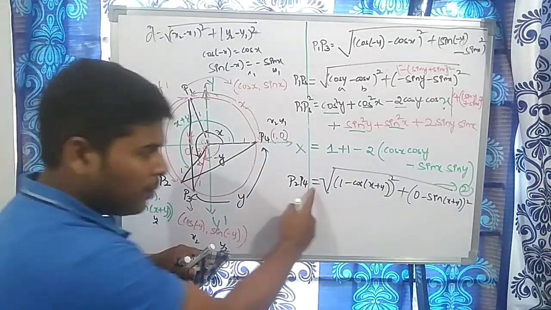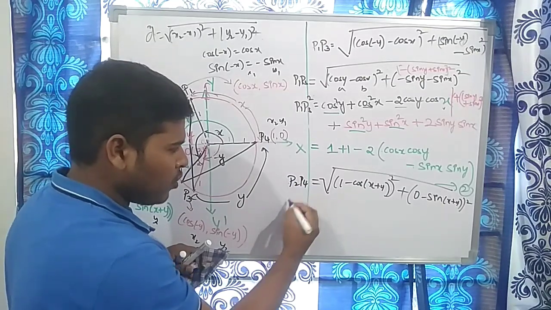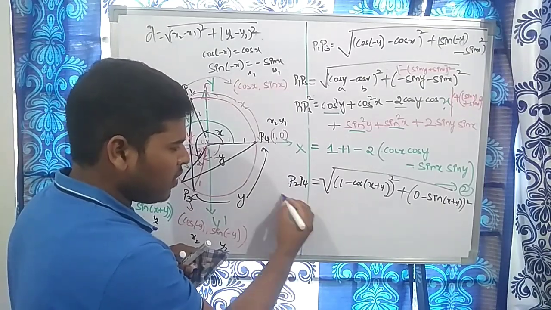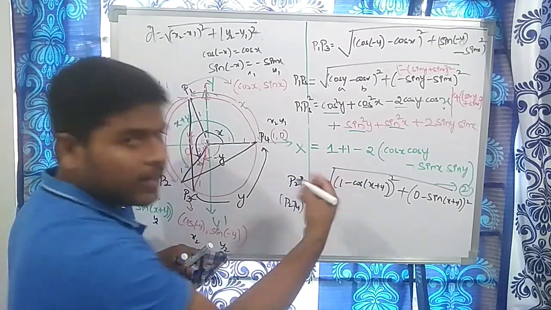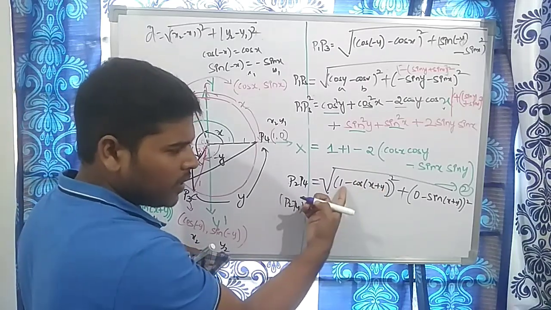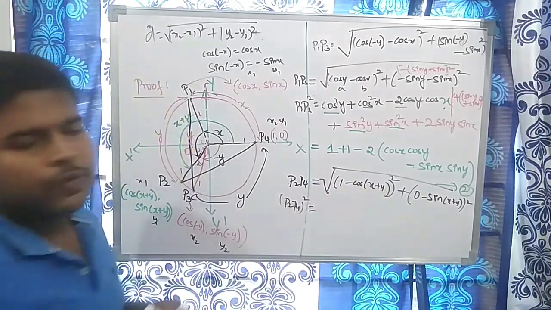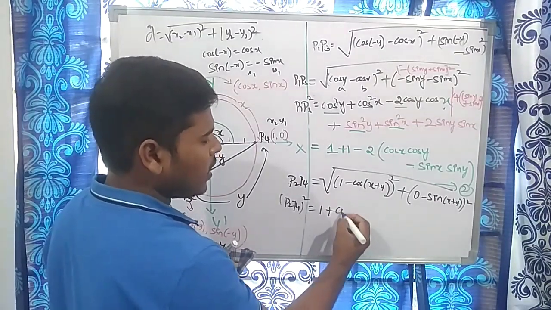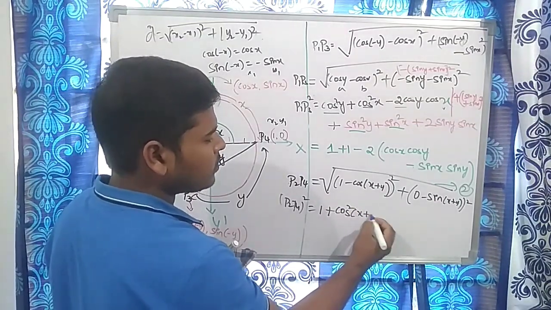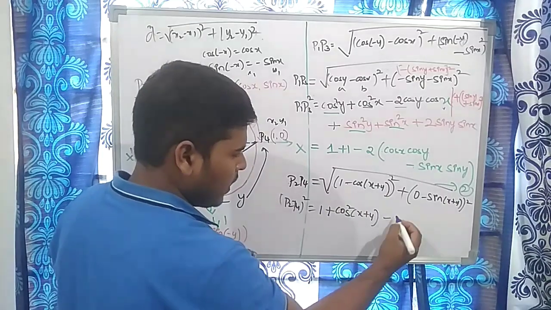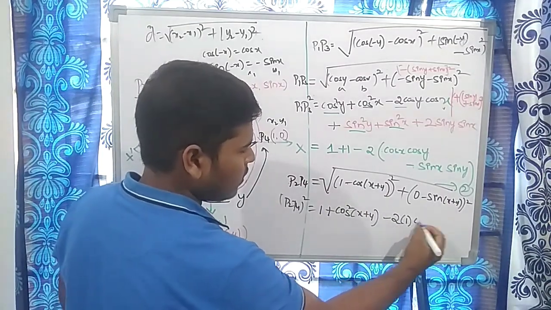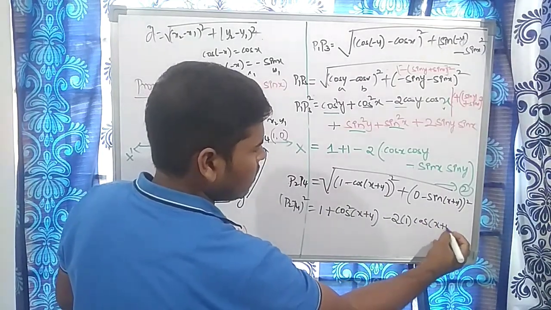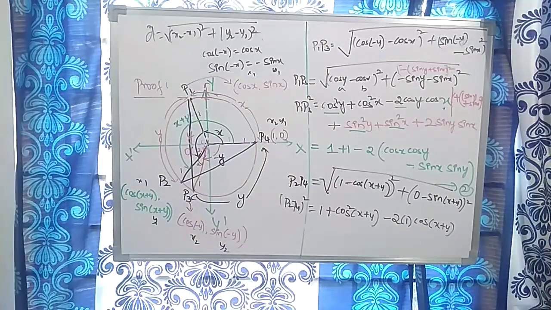Same as before, apply square on both sides. p2 p4 becomes p2 p4 whole square, and the square root gets cancelled. See the inside term, again it looks like a minus b whole square. Apply the formula: a square plus b square minus 2ab.